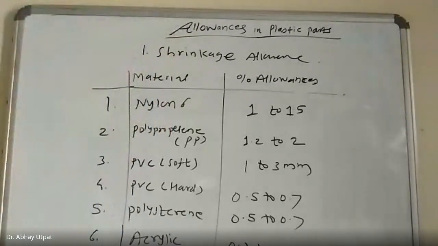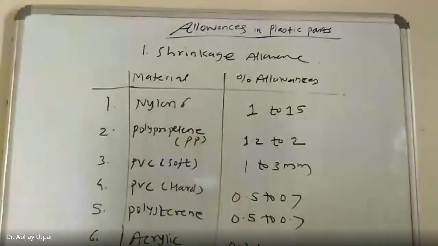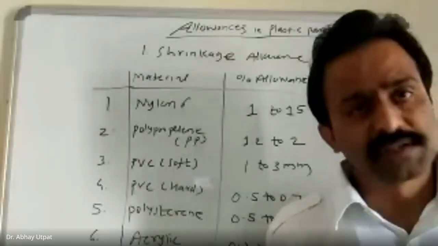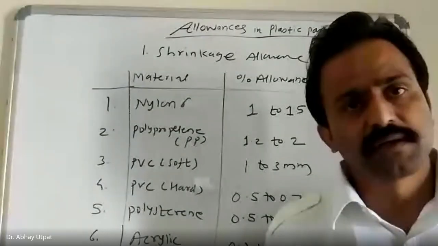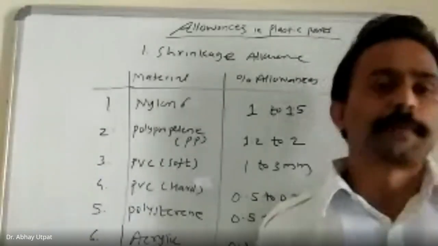So these are the allowances in different percentages as per the type of material which you are using for molding purpose. Now, even this allowance is to be considered while molding the plastic part. This shrinkage varies with different parameters.